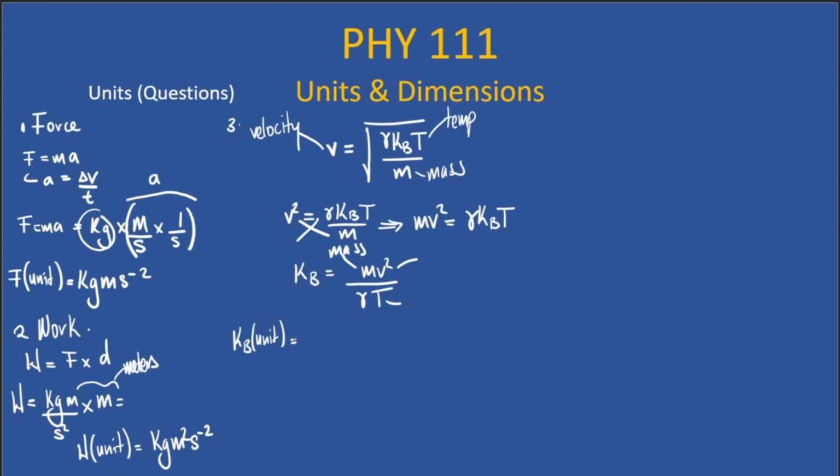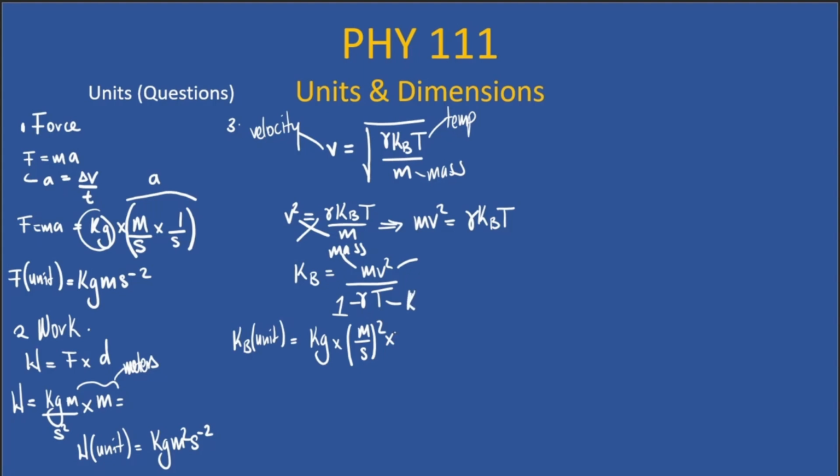So the Boltzmann constant is m for mass, that's kilograms, times v squared. So what we're going to do is write the unit for velocity as meters per second, and then square it, divided by this. Remember I said the unit of gamma is going to be 1, and this is temperature, so it's going to be Kelvin.